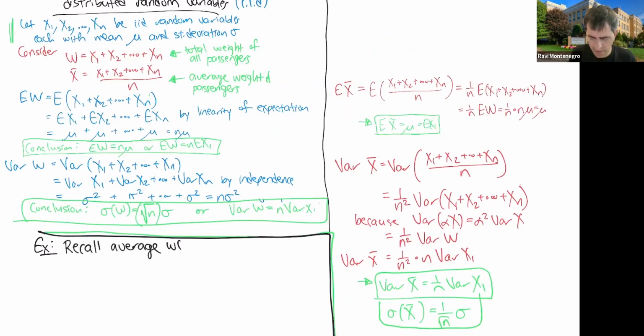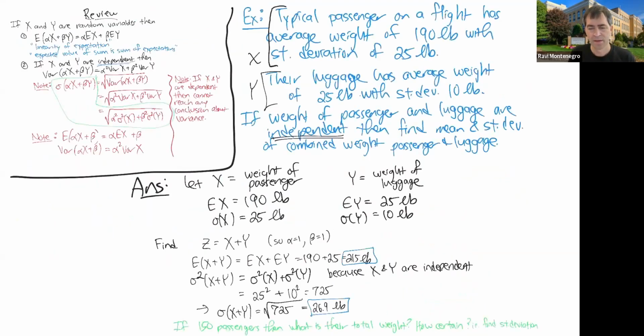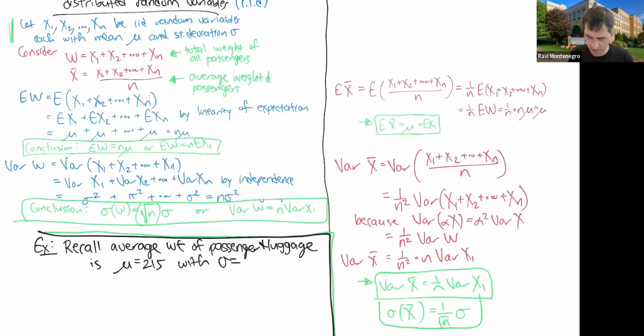So average weight of a passenger and luggage is 215 with standard deviation sigma of 26.9.